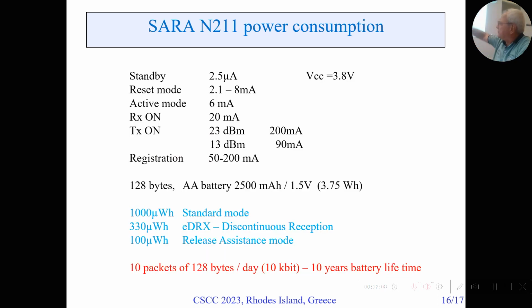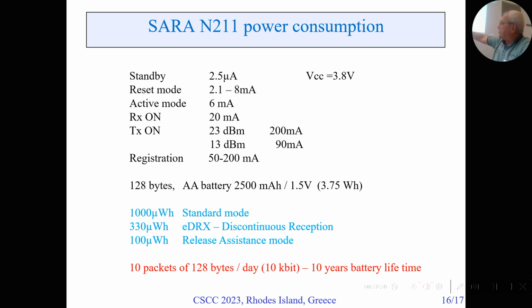So some results here. And what is most important, it's in blue. So in the standard mode, we have 1,000 microwatt hours. In the discontinuous reception, 330 roughly, and in the release assistance, only 100 microwatt hours. So that means that with a simple AA battery, we can transmit 10 packets of 128 bytes, so around 10 kilobytes per day.